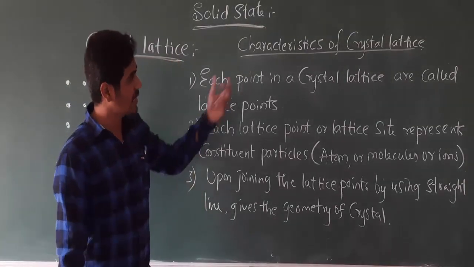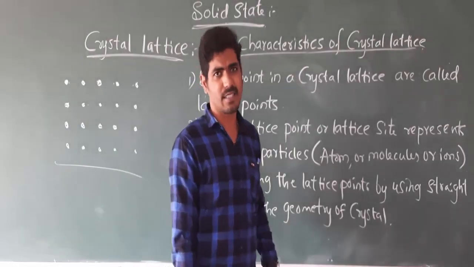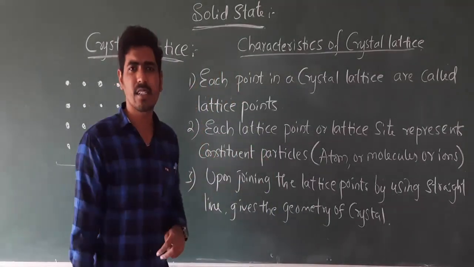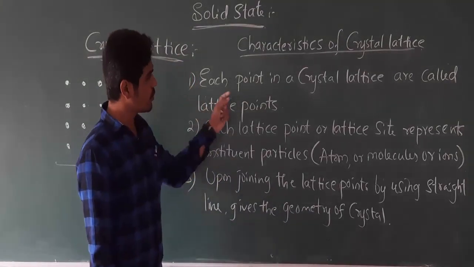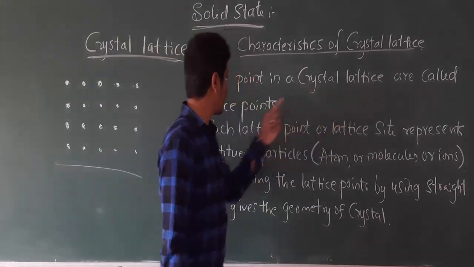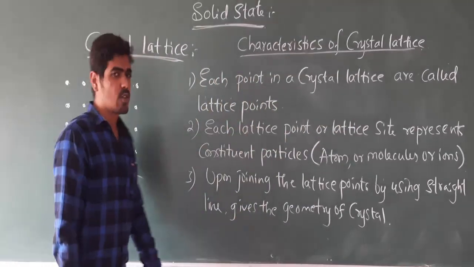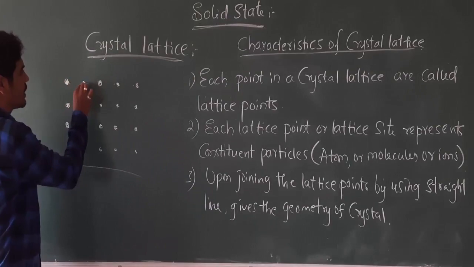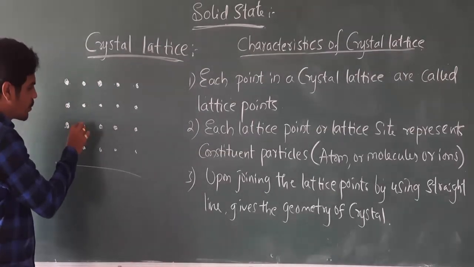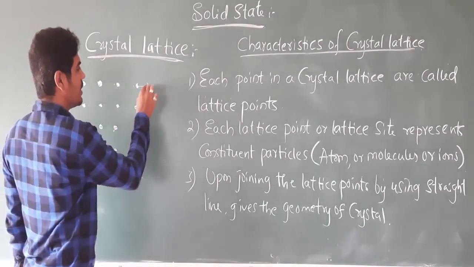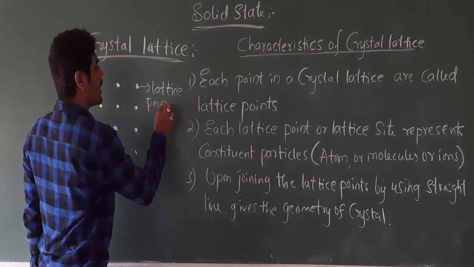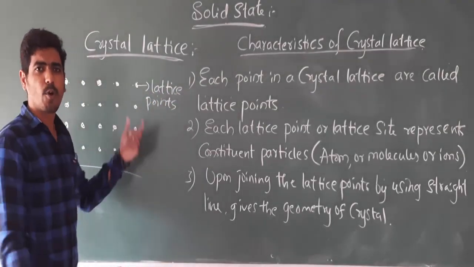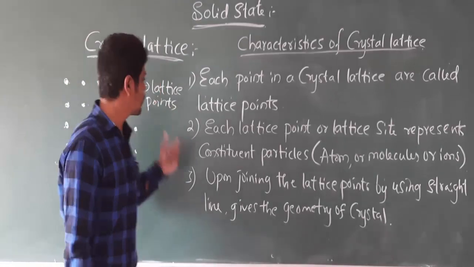So now, what are the characteristics of crystal lattice? There are totally three characteristics of crystal lattice. The first one, each point in a crystal lattice is called a lattice point. So whatever points we represent in this crystal lattice, each point is considered a lattice point, or it is also known as a lattice site.